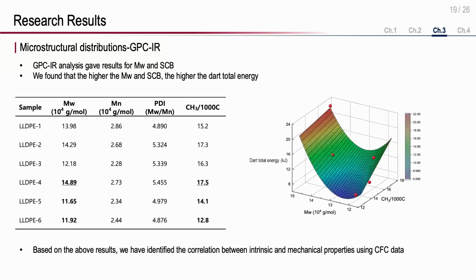And the GPC-IR analysis gave results for molecular weight and short chain branch data. We found that the higher the molecular weight and short chain branch, the higher the dart total energy. And based on the above results, we have identified the correlation between intrinsic and mechanical properties using CFC data.